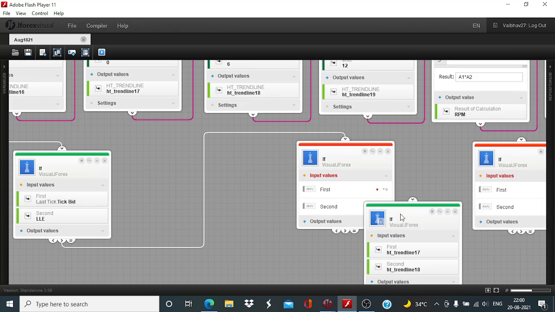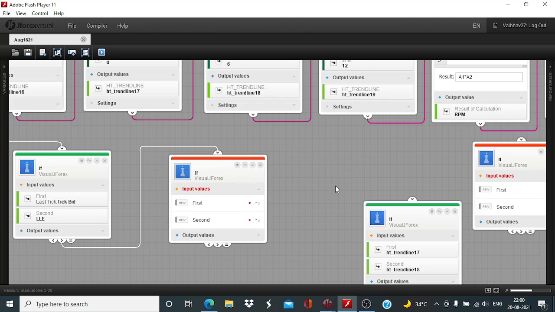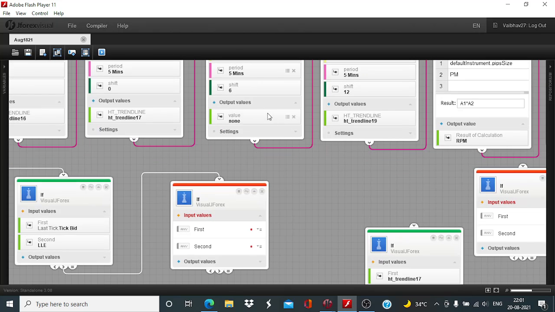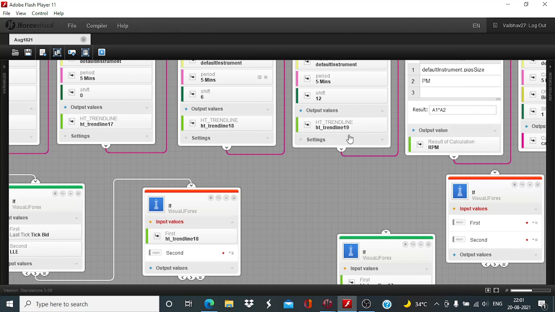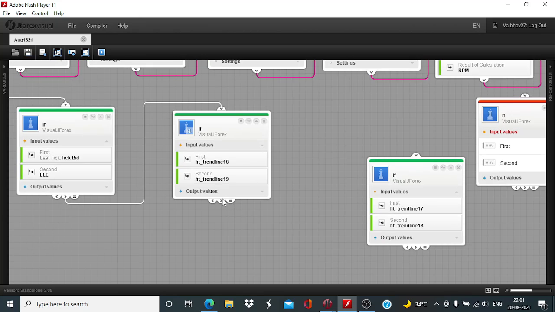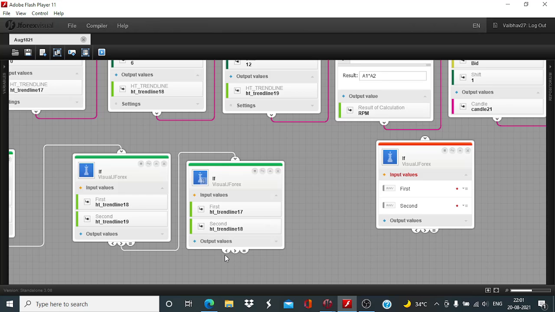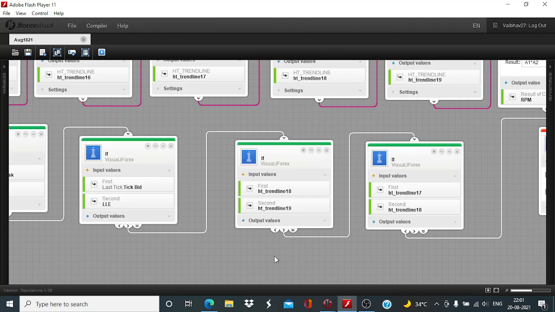And prior to that, the straight line half an hour back should have been greater than the output of a straight line 1 hour back. So here, first input greater than second input. After that, first input less than second input.